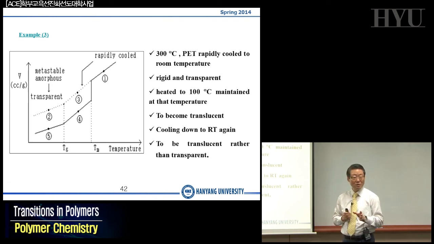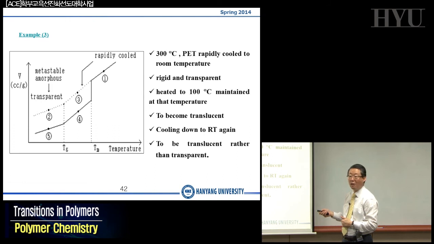Upon very rapid cooling, it follows this dotted line here. Because there is no time to cool down and become the original state of volumes. So it has excessive specific volume, and follows this number 3 and number 2.